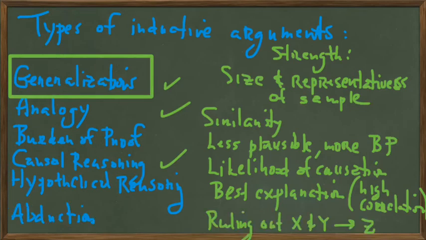And let's talk about one more type of inductive argument that you have some degree of familiarity with already, called abduction. So let's say you have symptoms and you go to the doctor. You say, I have these symptoms, and the doctor listens and thinks, based on his study of medicine, well, then it's likely that you have either X, Y, or Z as an underlying condition.